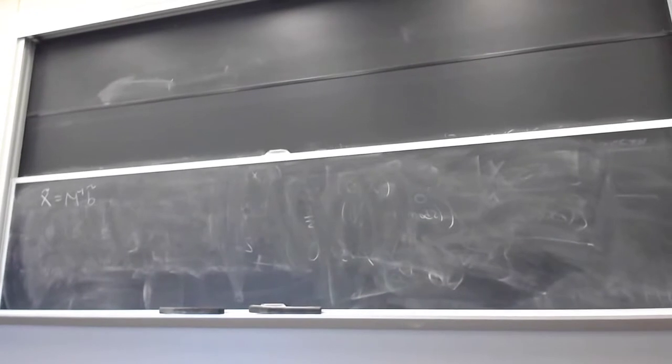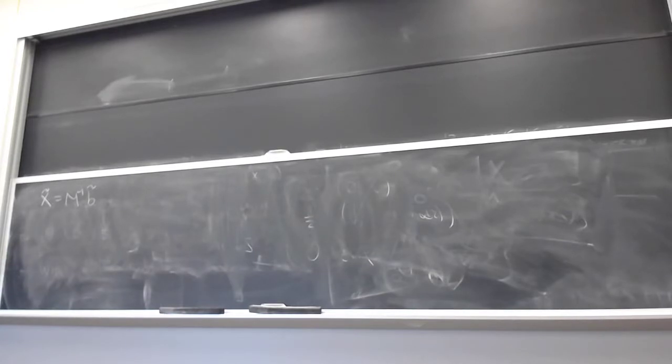Pop quiz: why do I know M is invertible, if I have a bound on the condition number? Because you were able to calculate it. Yeah, otherwise it would be infinity. In the case where it's not full rank, the condition number isn't going to give you any bound.